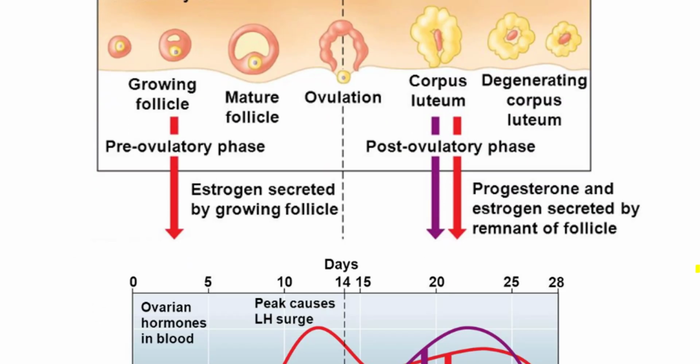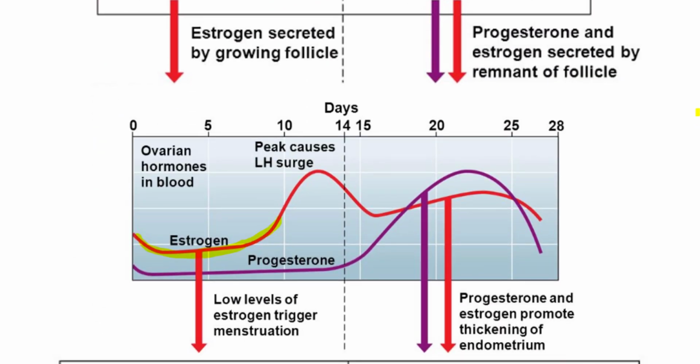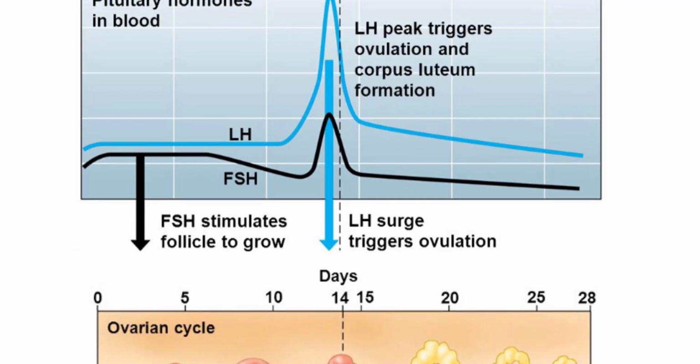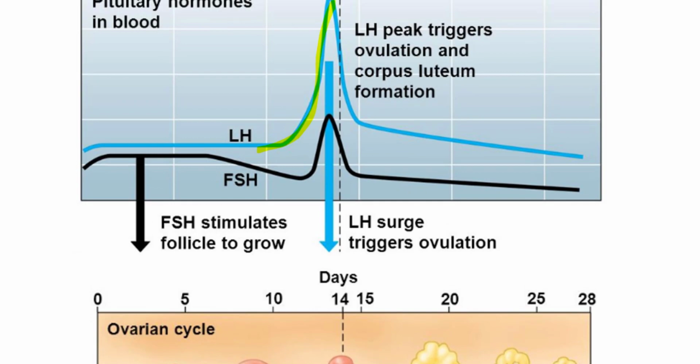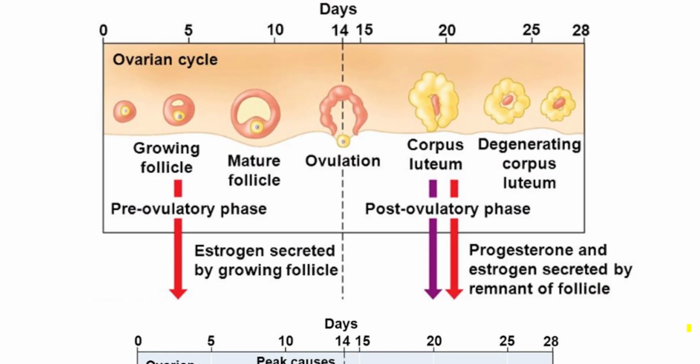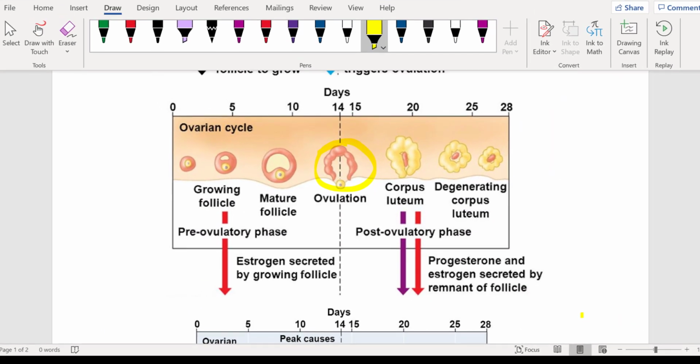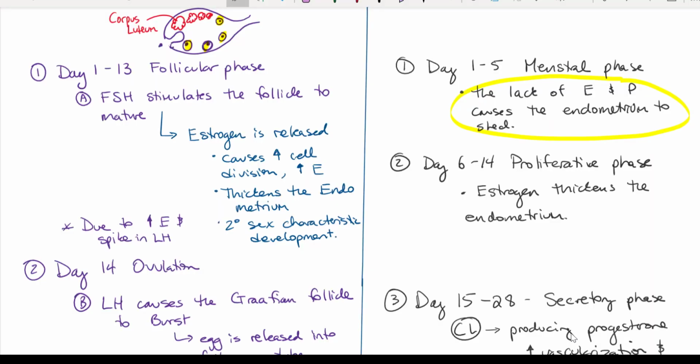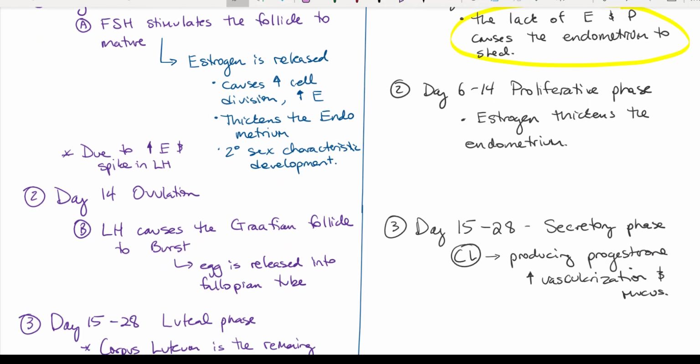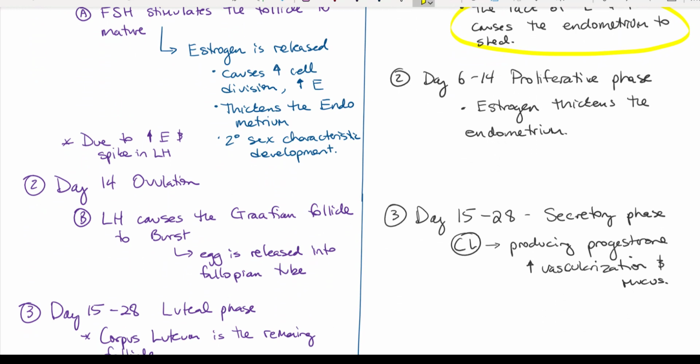And now that follicle is getting bigger and bigger, we get more and more estrogen, and that estrogen surge causes a peak in LH, and that LH causes the follicle to burst. And so now on day 14, we get ovulation, and that egg is going to be taken in by the fimbriae and into the fallopian tube, where it may or may not be fertilized.